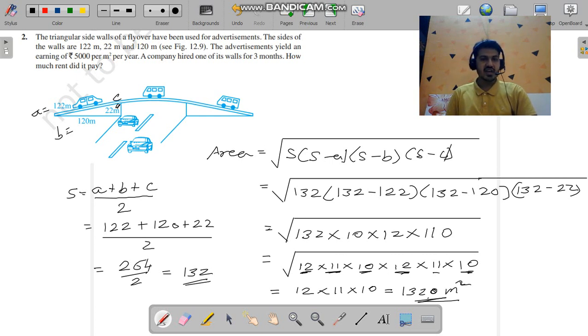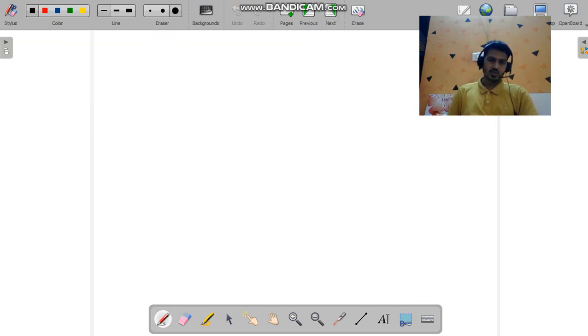Now a company is hiring this wall for 3 months and they have to pay the rent of 5000 rupees per year. So let us find the cost for 3 months first. See, the 12-month cost is rupees 5000.